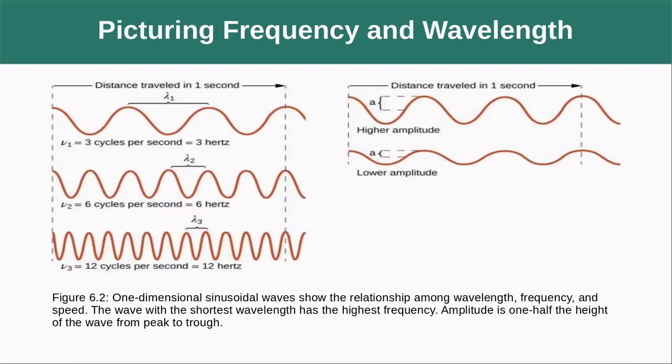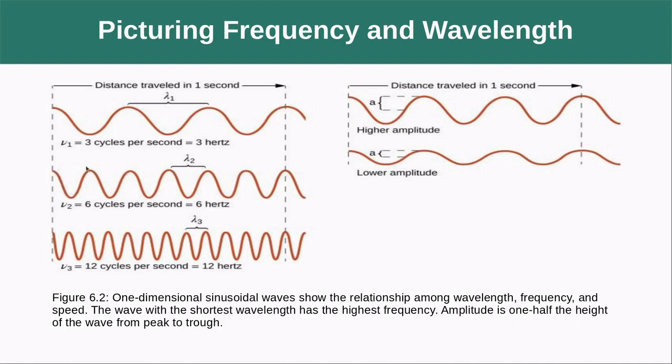So let's see if we can kind of picture this a little bit. So here I have a distance traveled in 1 second. Okay, you can see here that a wavelength is from one peak to another. All right. So in this distance, we have traveled 1, 2, 3 wavelengths. So our frequency is 3 cycles per second, or 3 hertz.